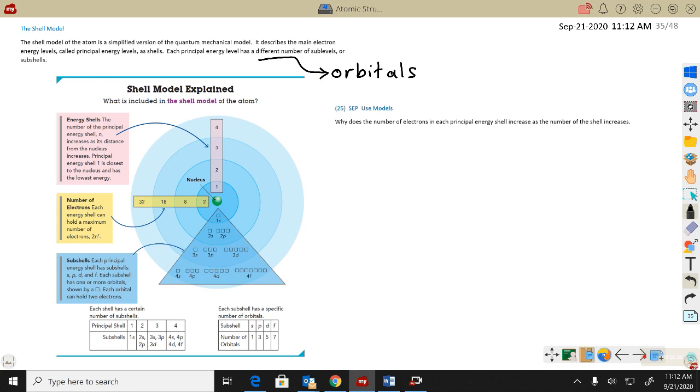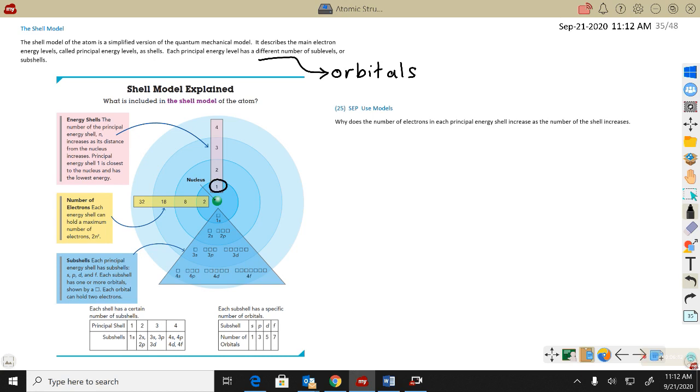Okay, so in this crazy picture here, in pink, it's showing the energy shells, or you are totally cool if you want to call them energy levels. I'm going to call them energy levels. Sometimes they're called principal energy levels or principal energy shells. But this kind of follows the Bohr model a little bit in that energy level 1 is the energy level closest to the nucleus.